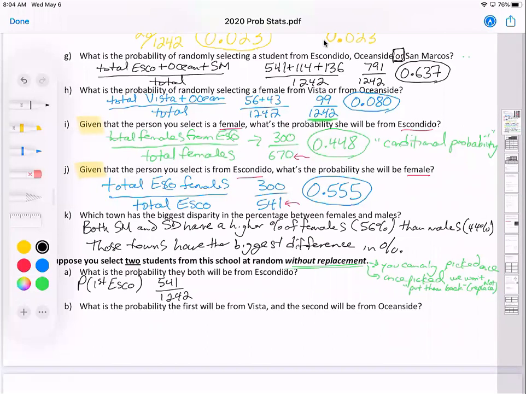And then when you select a second student, you're going to be multiplying by a second fraction. That second fraction, that's the first from Escondido. The second fraction is now, since you're not replacing them, your numbers are going to change slightly, right? You're not going to have as many students now. You don't have 1242 because you just took one out. Now you have 1241. And you don't have 541 students from Escondido. You have 540. So this probability is the second is from Escondido.